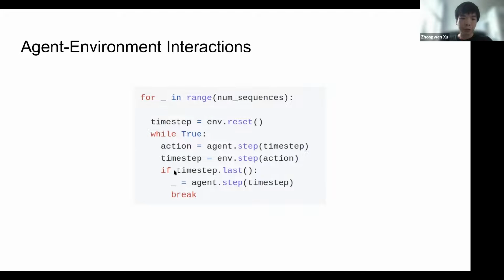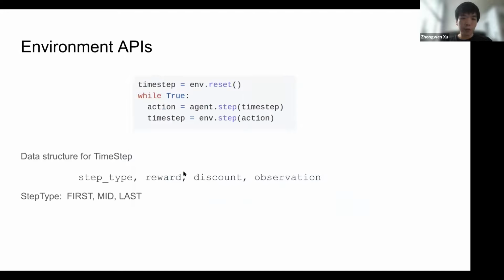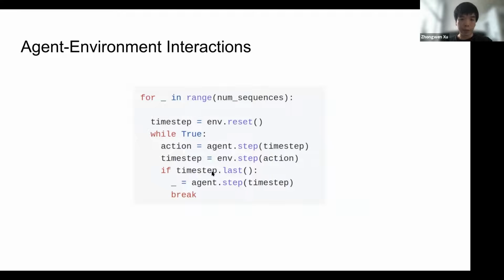However, in addition, it has an if statement which judges whether the time step is the last time step, that is, whether the environment or the game has ended. If so, it will step it further to mark it as the end so the agent can know it is the end, and then break the loop. So it's very similar to the previous one, just with an additional if statement on the step type.